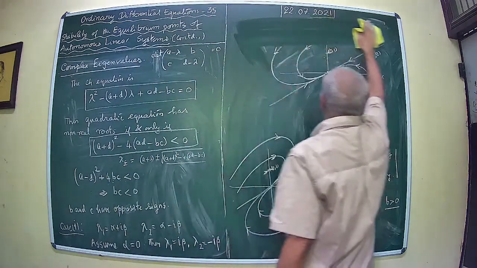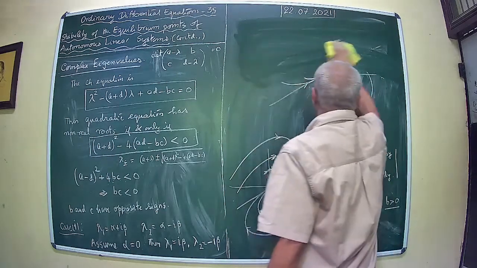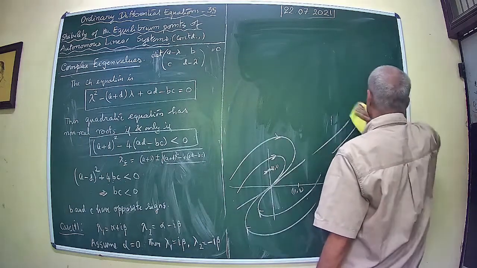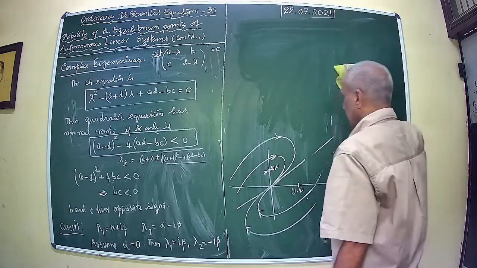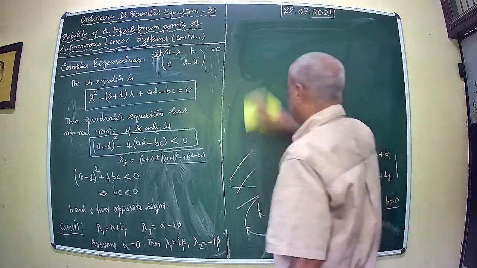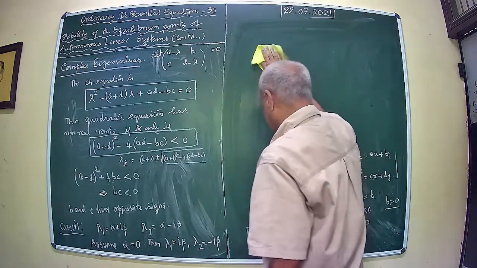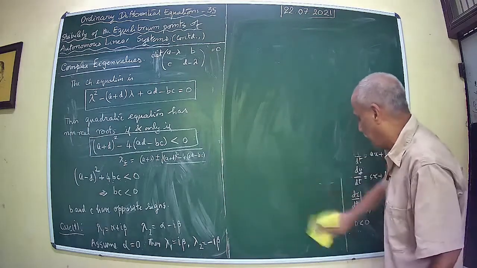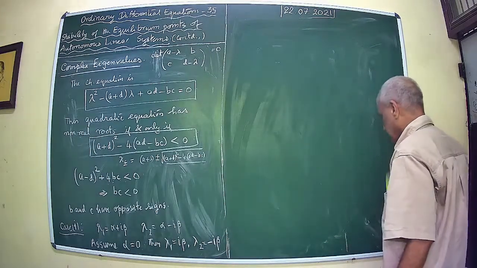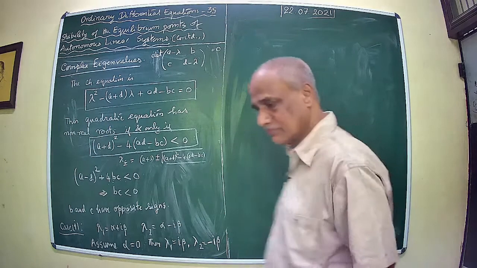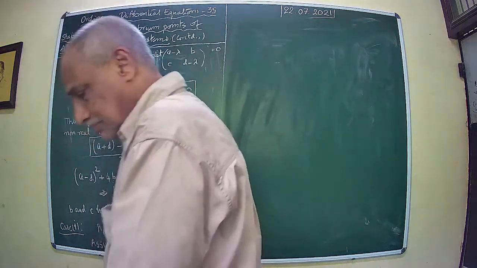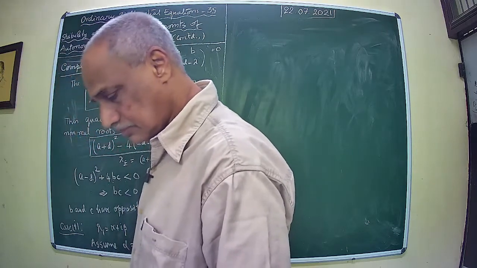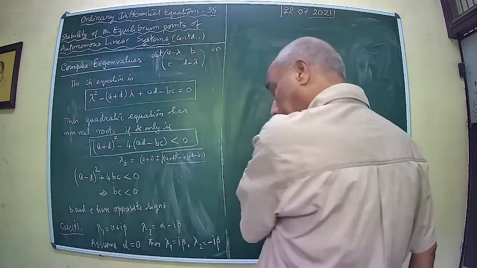Now you can write down the solutions. You have two linearly independent eigenvectors which are complex vectors, from which you can actually get real solutions of the problem.